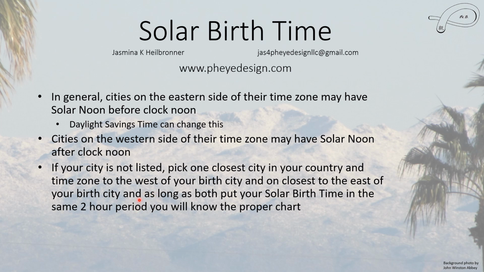Now you use both of those separately to convert your clock time into solar time. As long as it's in that same 2-hour period, you're okay. You know the proper chart. So this is sometimes a problem, sometimes it's not. And it depends on how close you are to that odd hour change.